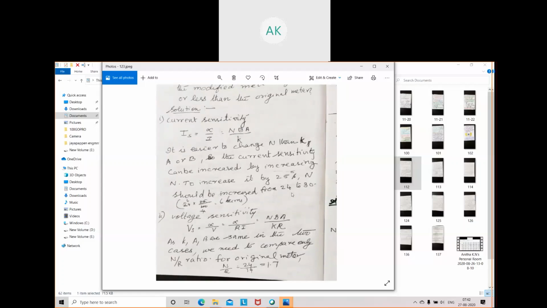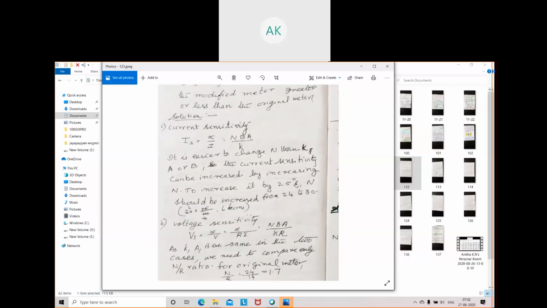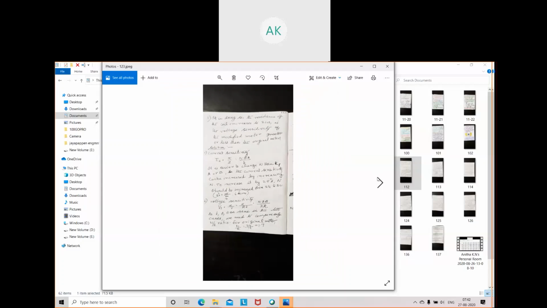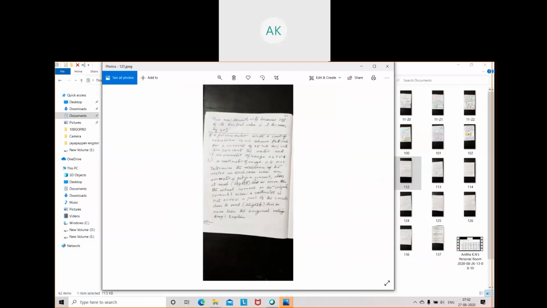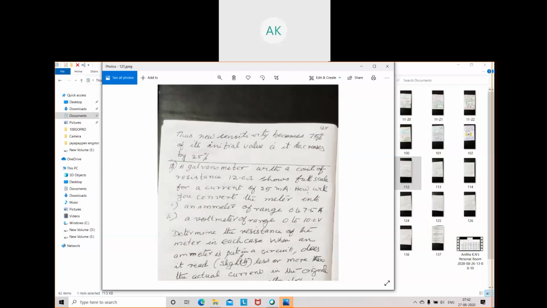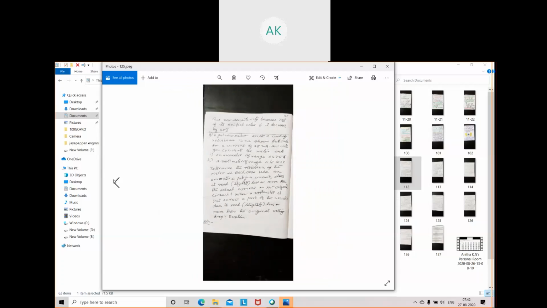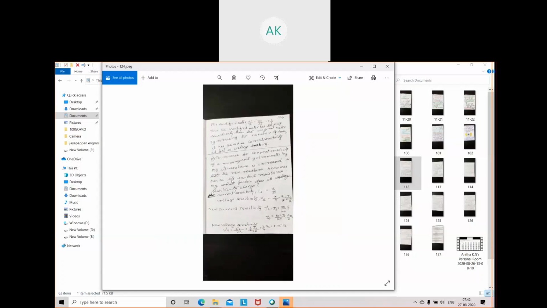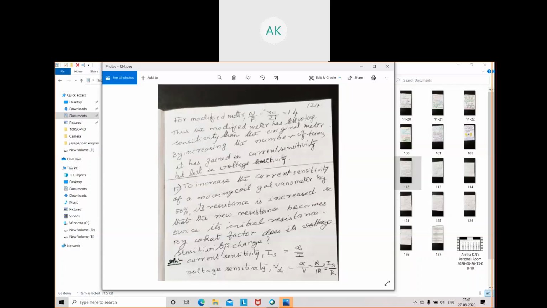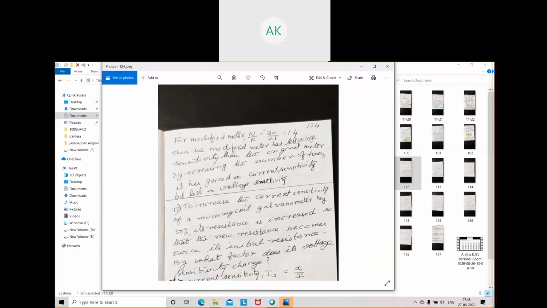And for the modified meter, the number of turns is 30 and the resistance is 21. So the modified meter N by R equals 30 by 21, which is 1.4.